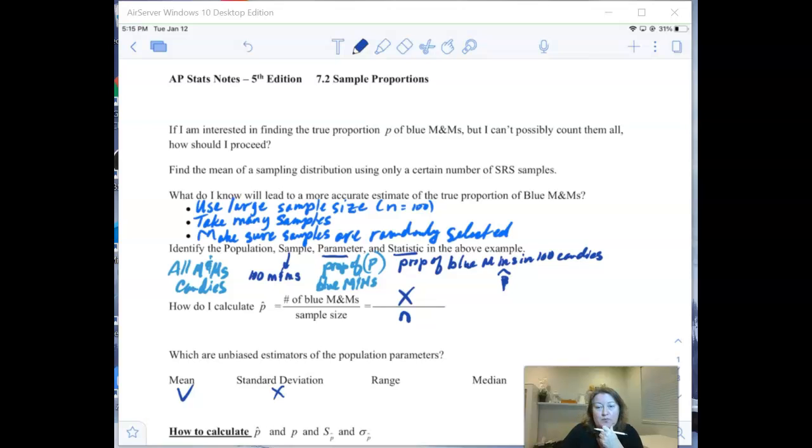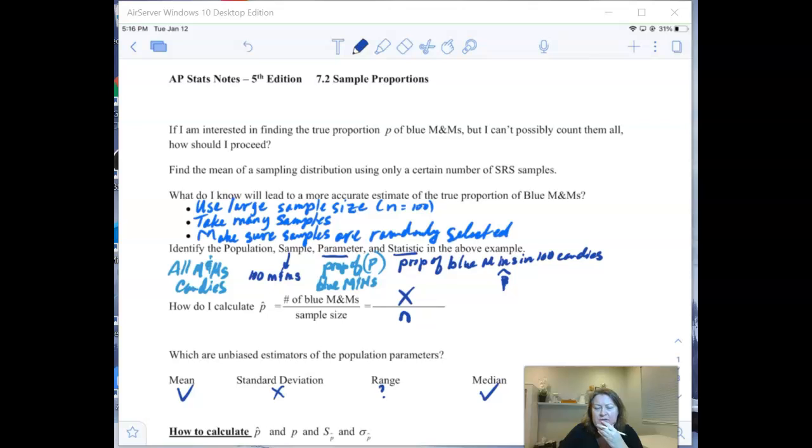What about range? If I looked at the range of the whole entire population, let's say if I was doing a means problem, would that be the same for the sampling distribution as it is for the whole population? I'm going to say maybe. And then what about median? If I do the median, that should work out just like mean, right? So range is the only one that might be different.